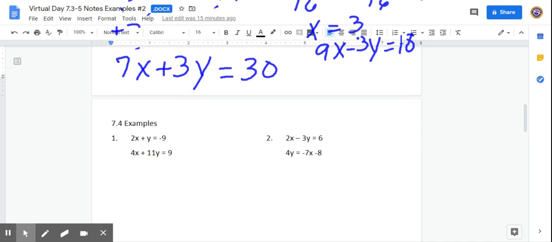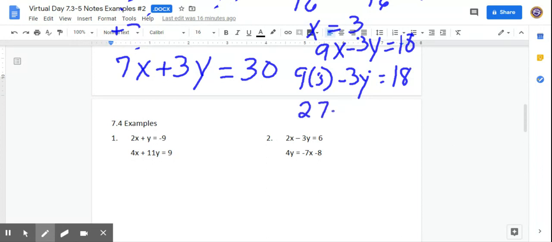Okay. If we substitute the 3 in, you get 9 times 3 minus 3y equals 18. That's 27 minus 3y equals 18.